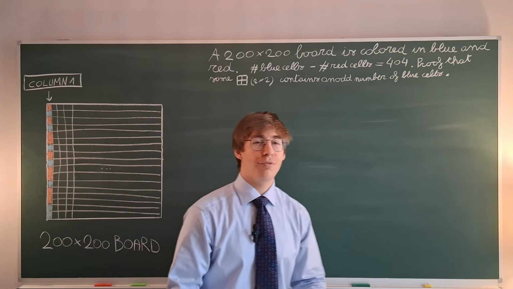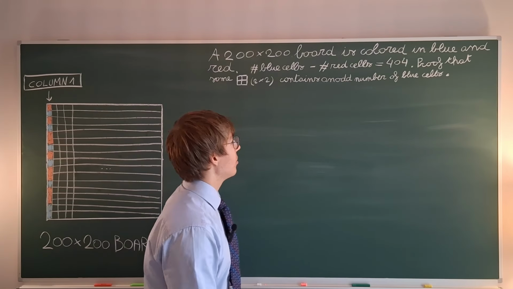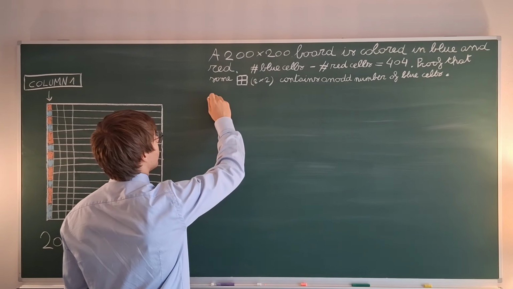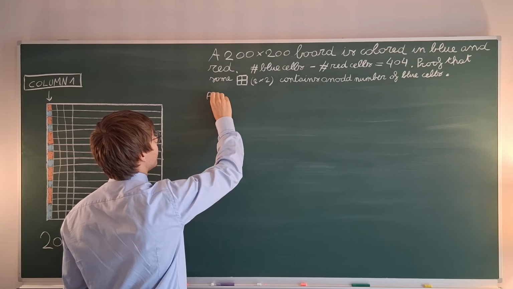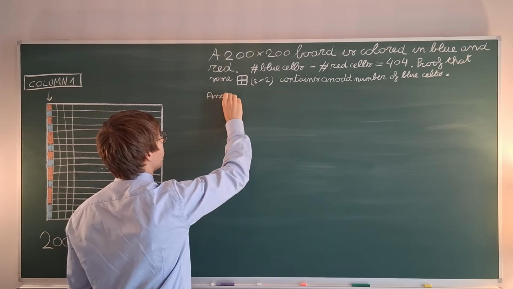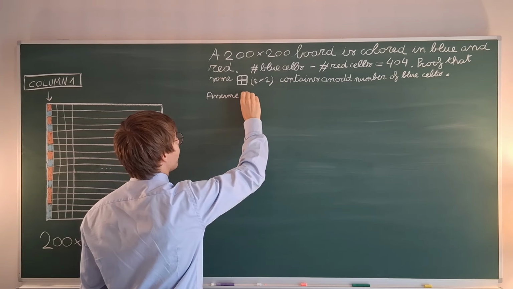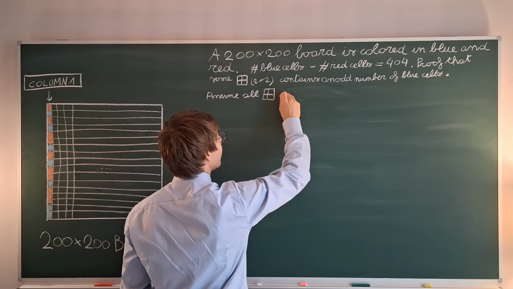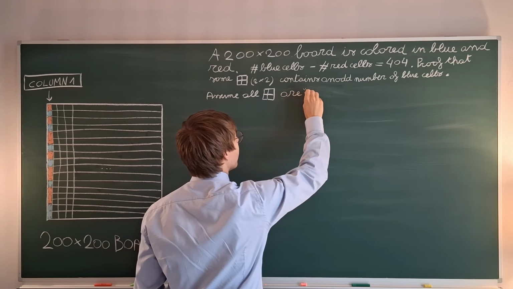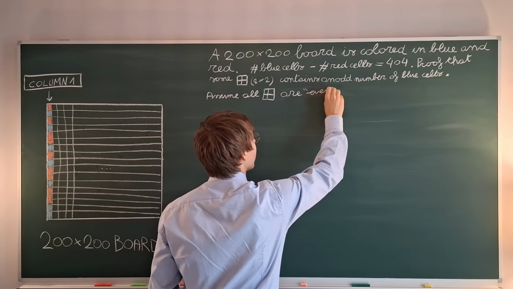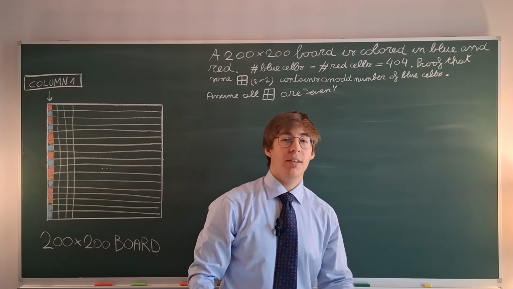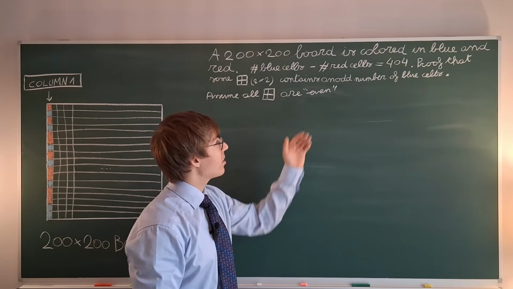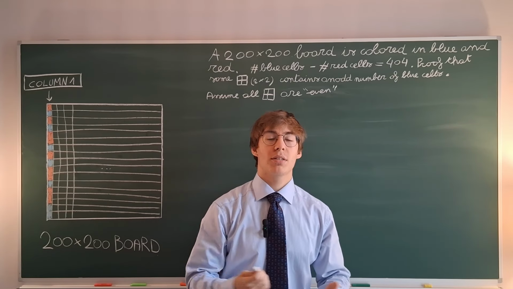Okay, we are going to prove this once again by contradiction. So let's assume all squares of this form are even. And with this I mean they contain an even number of red cells or an even number of blue cells.